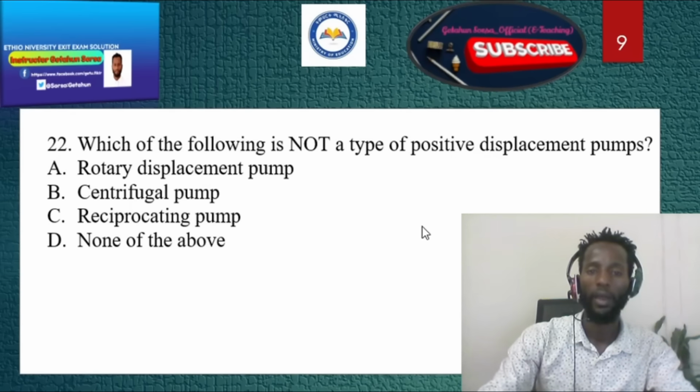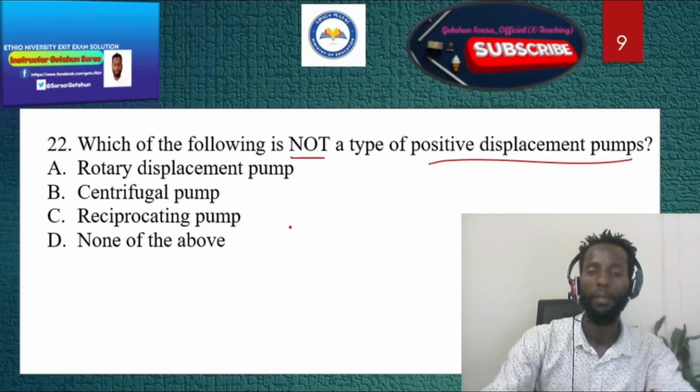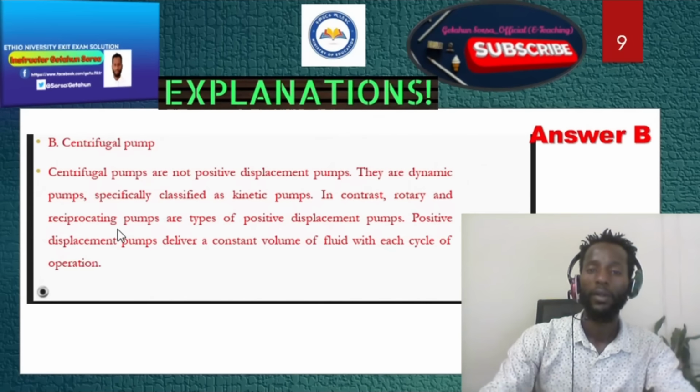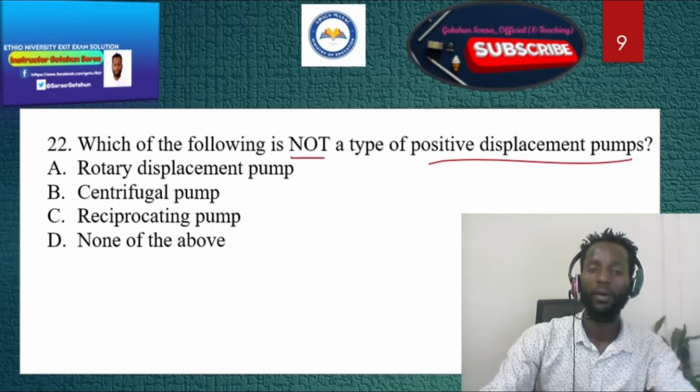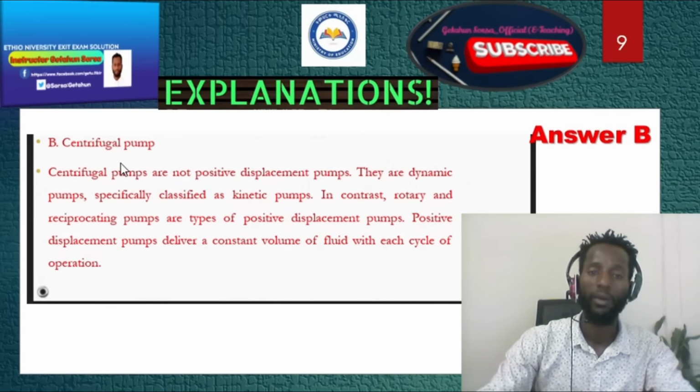Okay, the next question is, which of the following is not a type of positive displacement pump? A, rotary displacement pump, B, centrifugal pump, C, reciprocating pump, and D, none of the above. So the correct answer is choice B, which is centrifugal pump.